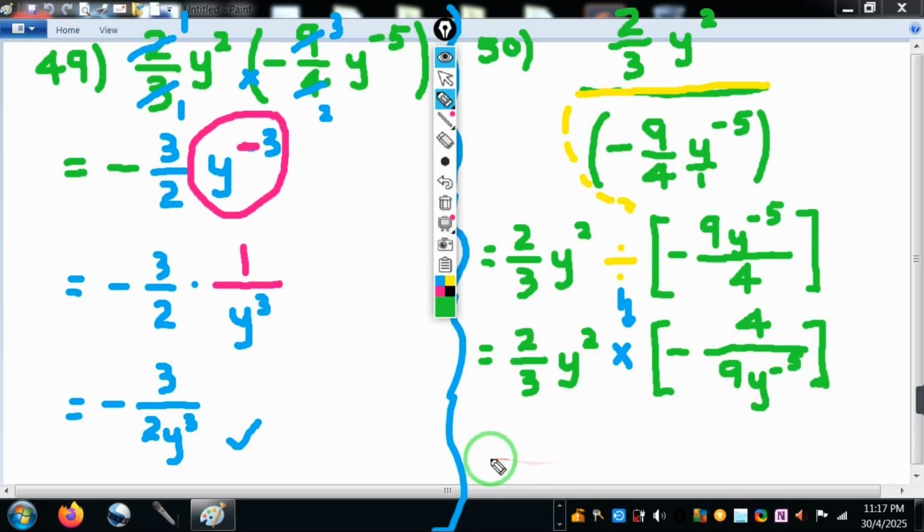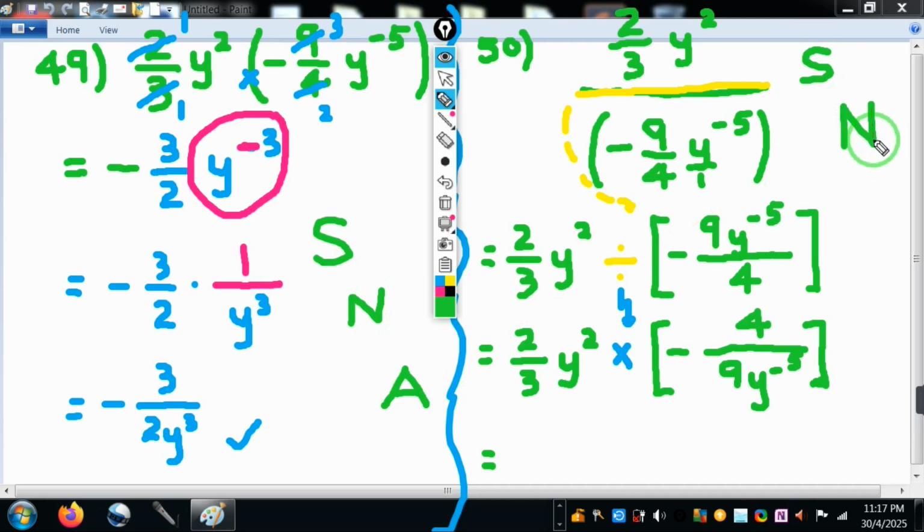Then here, slowly but surely take care. Or you do it the SNAL. Okay, what is the SNAL? Same. Sign, number, alphabet, all letters.